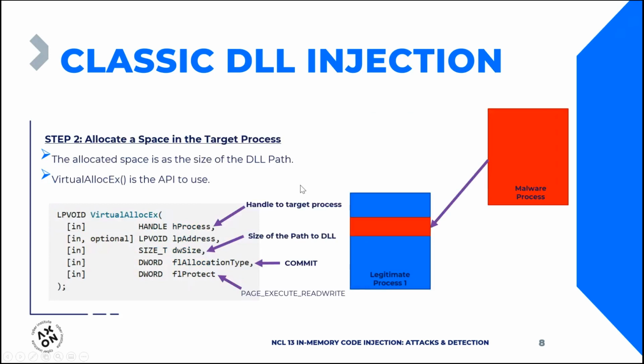Once it has that pointer, it needs to create a space in the memory space of that process. And to do that, there is an API called VirtualAlloc. VirtualAlloc allows the malware process to create a buffer or to reserve a space in memory in the remote target process. And you can pass to it different parameters.